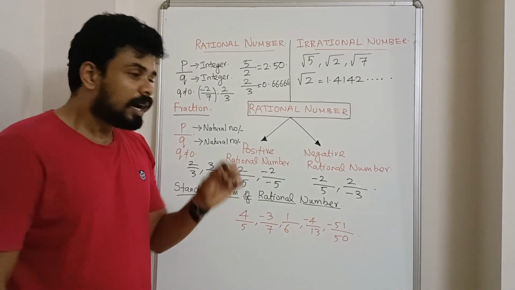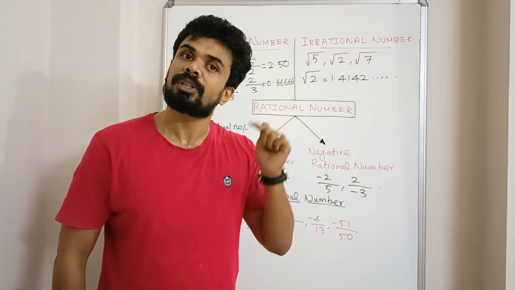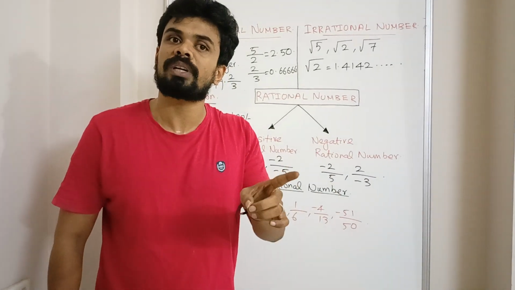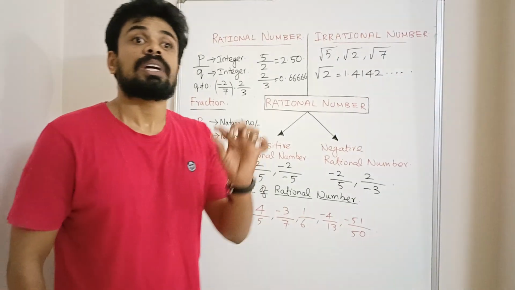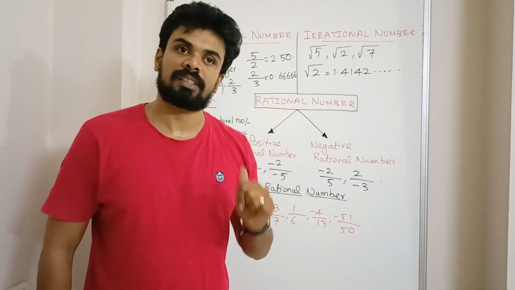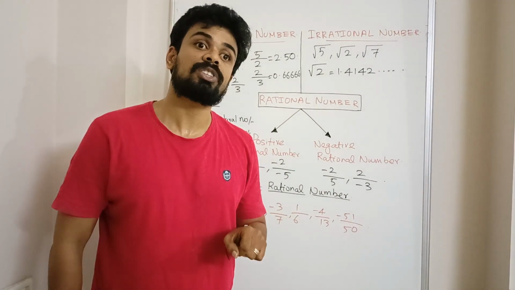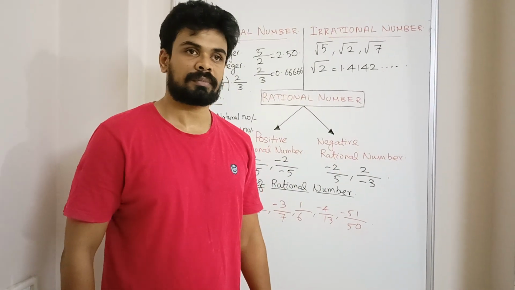So if in a particular p by q format both p and q are of the same sign, such numbers are known as positive rational numbers. Whereas if either p or q is negative, then the answer will be negative in nature, so it is termed a negative rational number.